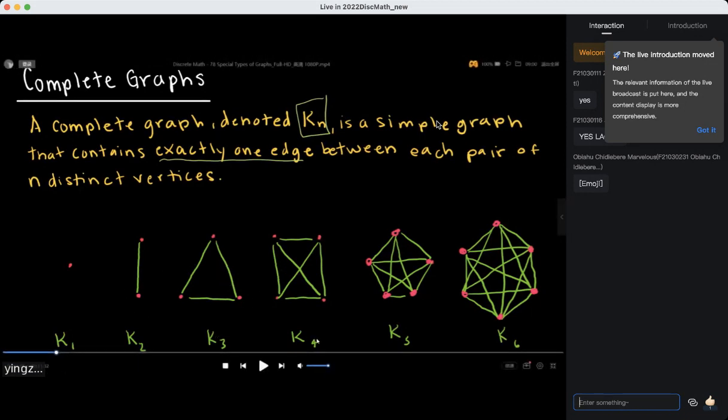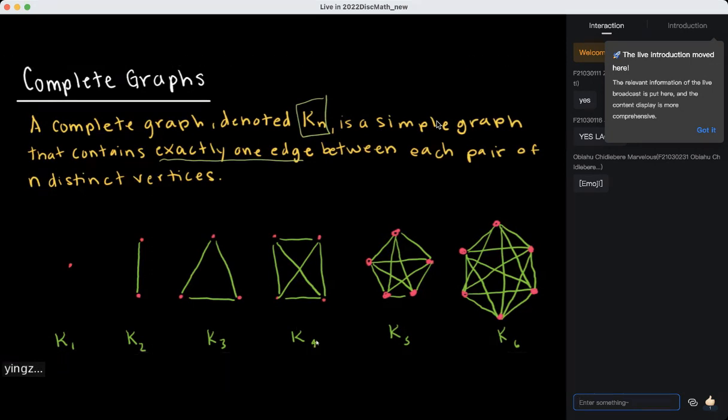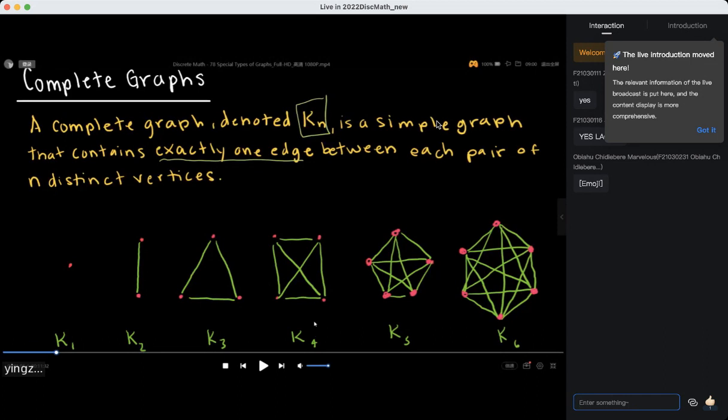For example, if we have 4 nodes, then we can say each of the nodes has 3 edges. So each of the nodes has the same degree. This degree is equal to how many nodes there are minus 1. For K4, each node's degree is 3, 4 minus 1.